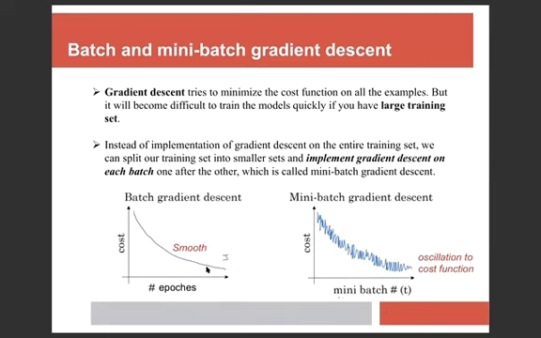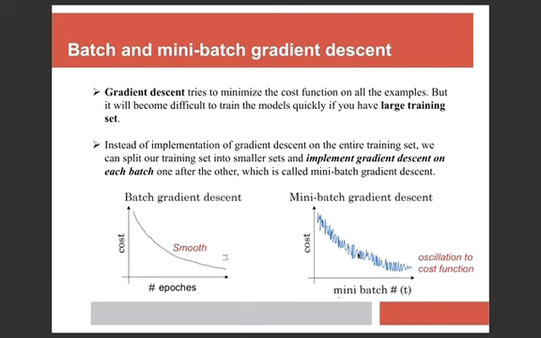In contrast, mini batch gradient descent may have a lot of noise in the cost function. When we do the iterations and epochs, it is still trending downward. The reason for this oscillation is that sometimes there may be harder mini batches, which are more difficult to train and then cause oscillations in the cost function.